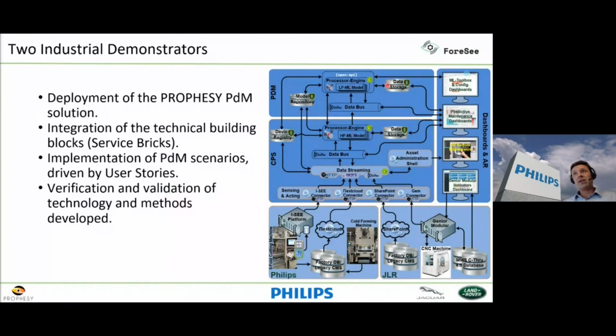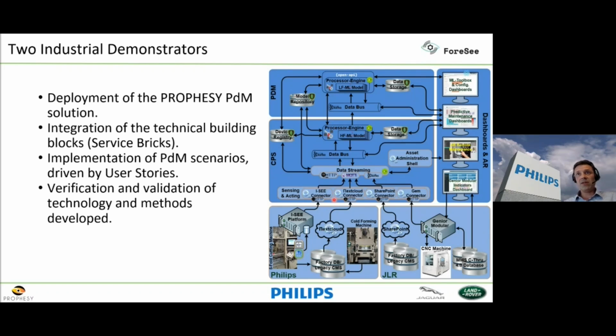So within the Prophecy project, both Jaguar Land Rover as well as Philips, more or less provided their production environment as a real live test area in which the Prophecy technologies, as you can see a snapshot here, have been developed as well as integrated and tested and validated.